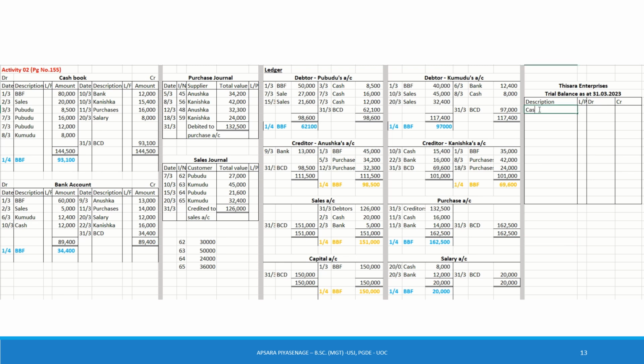First one is cash. In cash account or cash book, you have a debit balance of 93,100. Then bank account, you have a balance of 34,400.